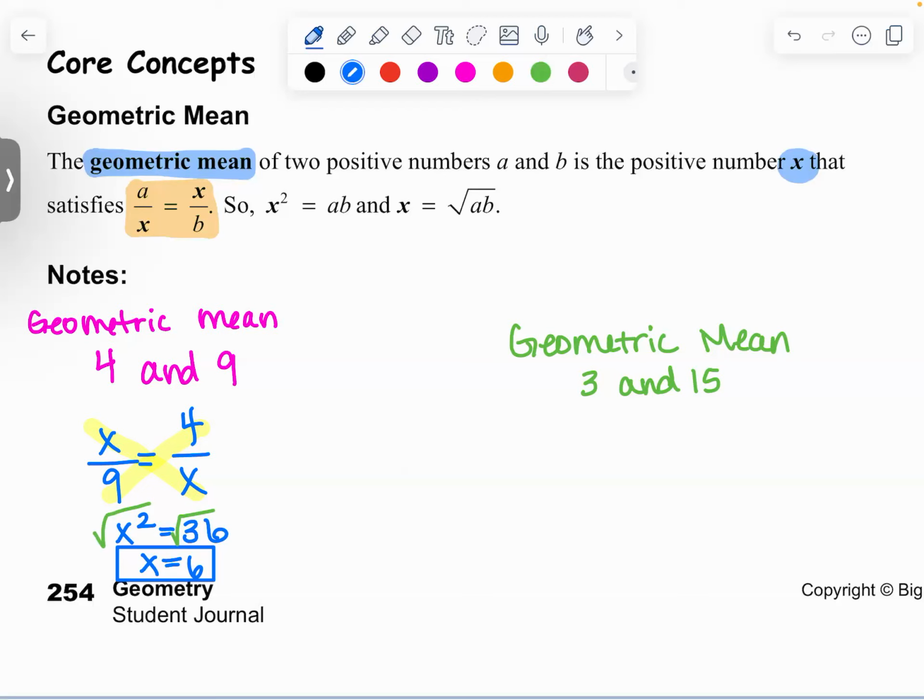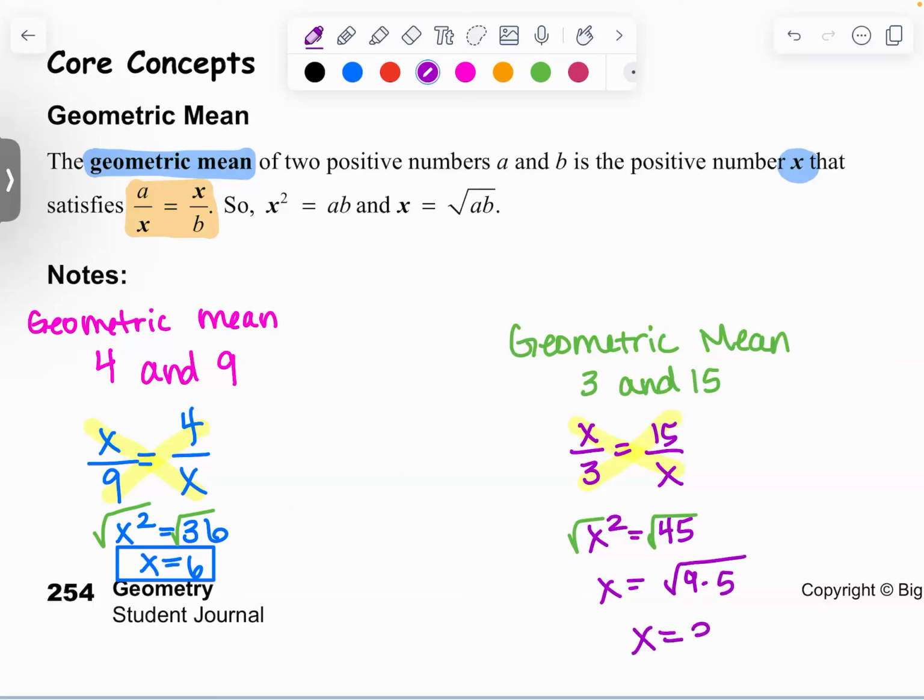Okay, Brayden, what did you set up? X over 3 equals 15 over X. Okay, so when we cross multiply, we get X squared equals 45. When we square root both sides, is there a perfect square that divides into 45? 9 times 5.